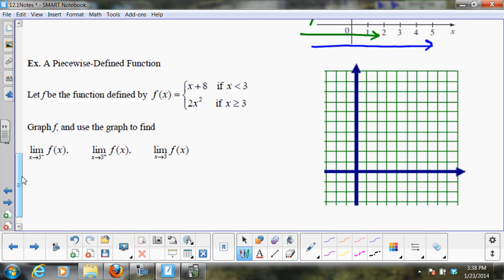Here we're going to graph a function: x plus 8 for x less than 3, and 2x squared otherwise. I'm going to change my scale and go up by 2s. So x plus 8 hits at 8 and our slope is 1: up 1, over 1, up 1, over 1, but only to 3. It doesn't have an equal sign, so we have a hole at 3.